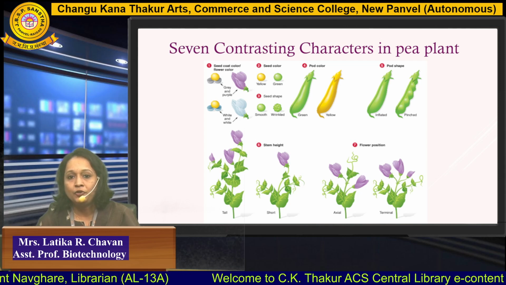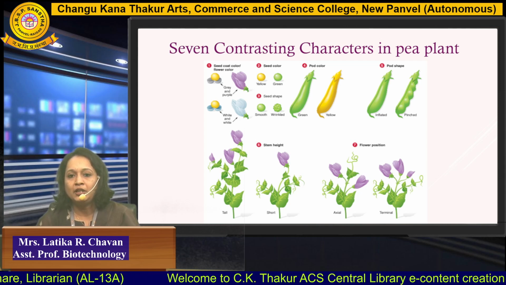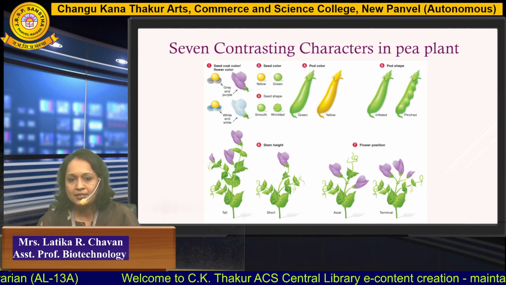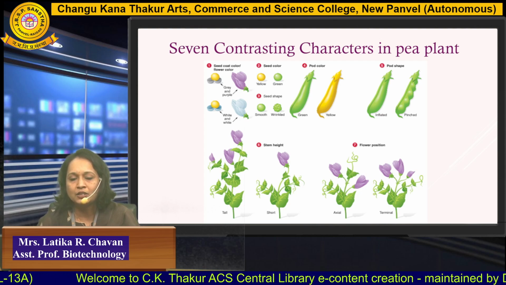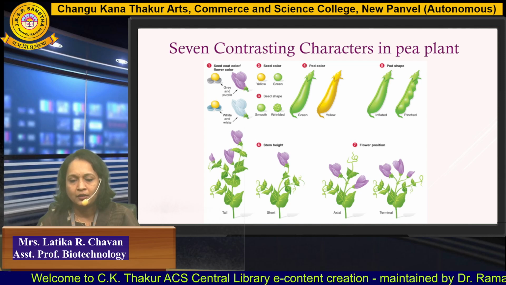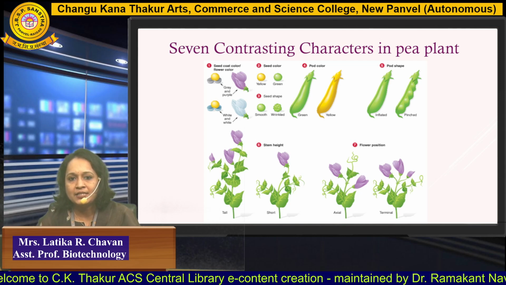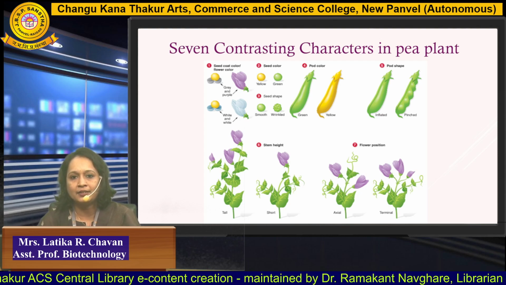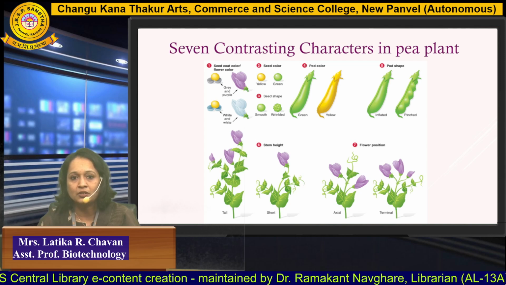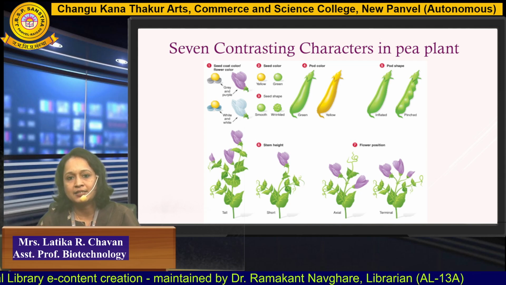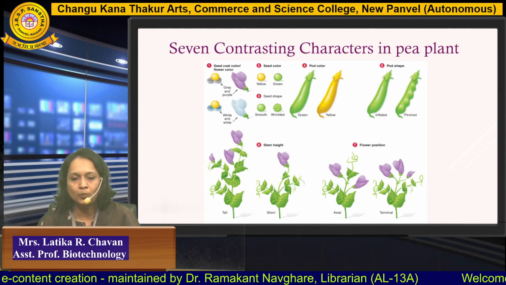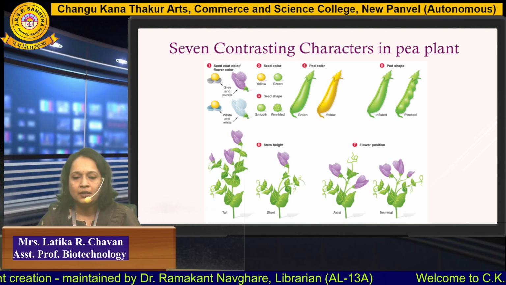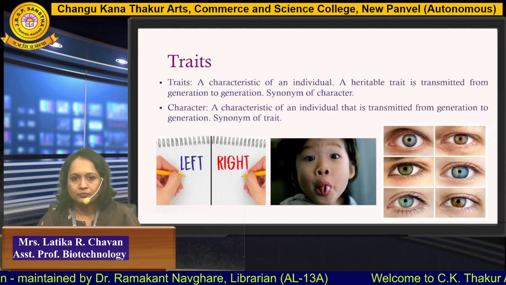If you observe these 7, there are only 2 contrasting characteristics, meaning either the plant is tall or the plant is dwarf. This means it is very easy to identify whether a plant has a dominant characteristic which will appear in every generation, or a recessive characteristic which is not predominant in the population but appears in F2.